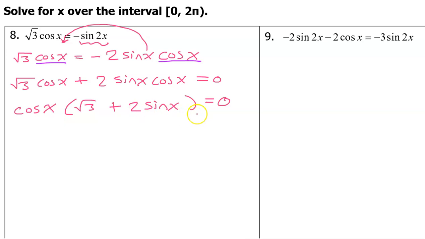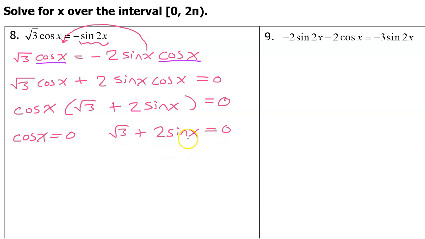According to the zero product property, I can get solutions by setting either of these factors equal to 0. So cosine x equals 0, which is why we couldn't divide by it. And then we have radical 3 plus 2 sine x is equal to 0.